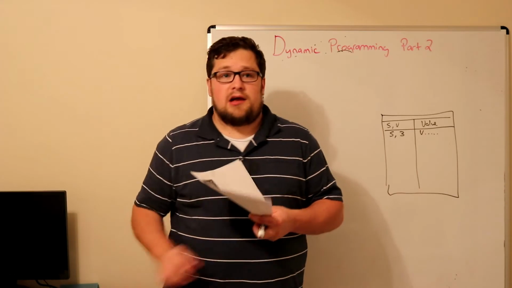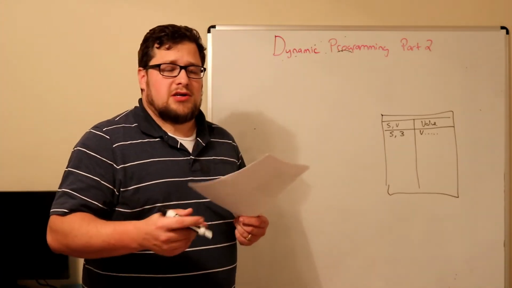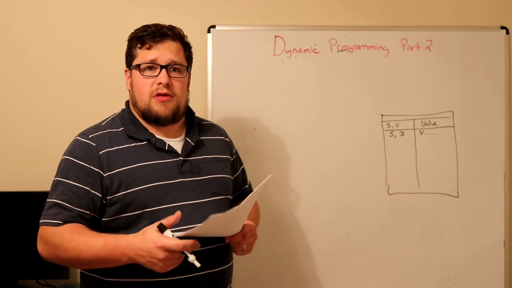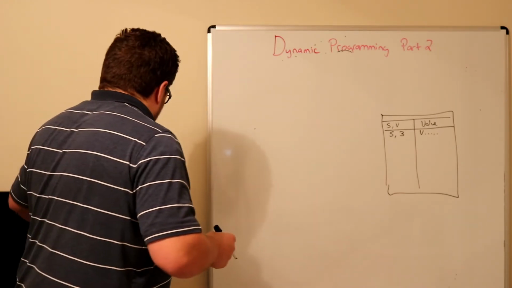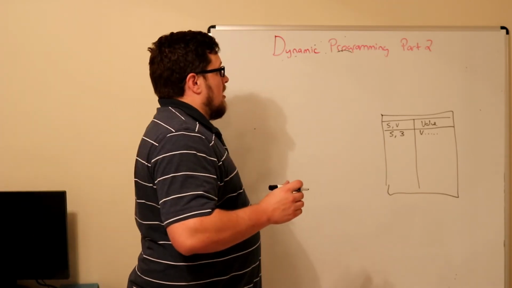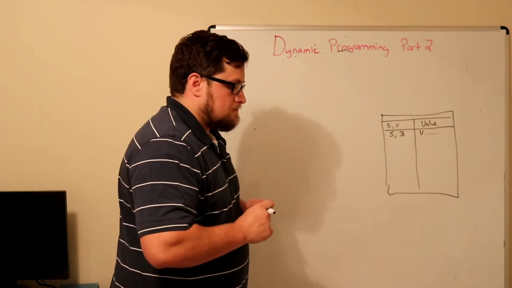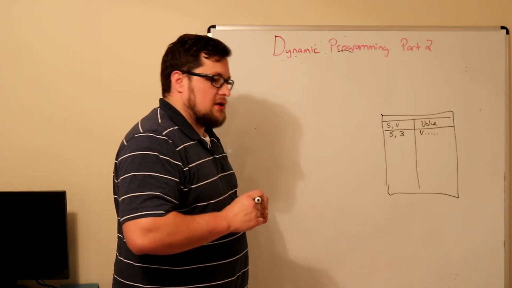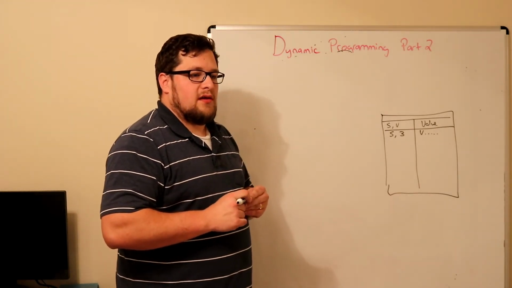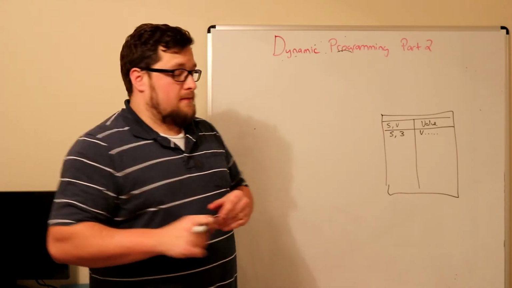I would highly recommend, if you don't understand this, maybe watch this again, and I plan on doing a little bit more in depth closer to the end of the class. But I want to talk a little bit about another pretty cool use for dynamic programming. And one of the things I'm going to challenge you to do is to take a look at what you think a proper mechanism for guessing would be in this scenario.